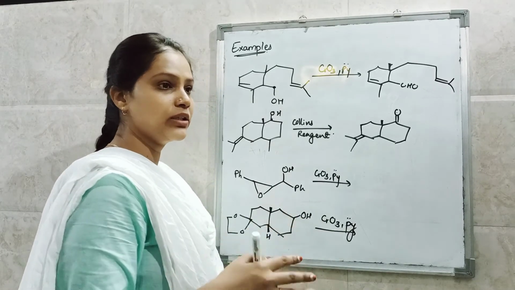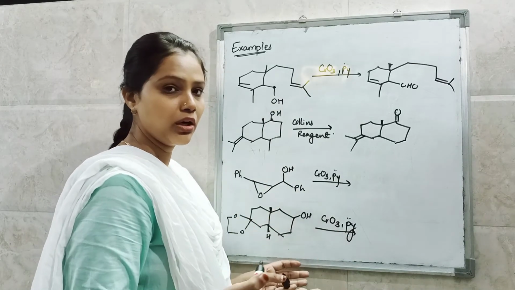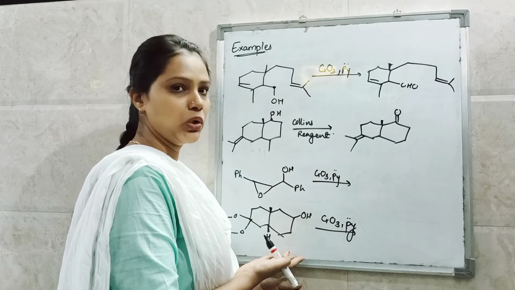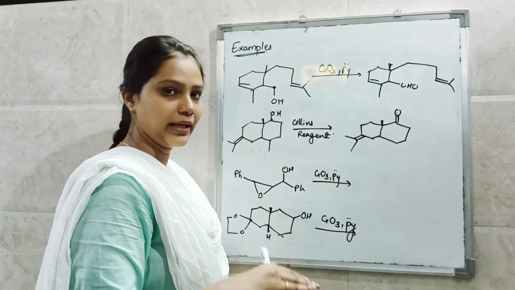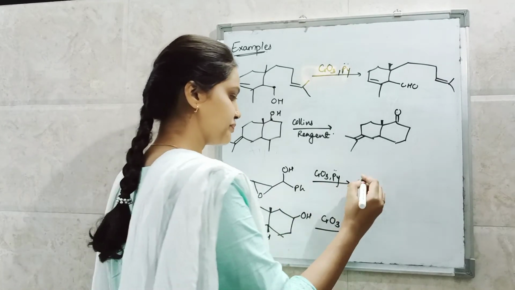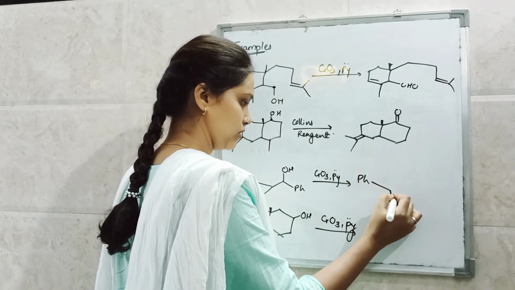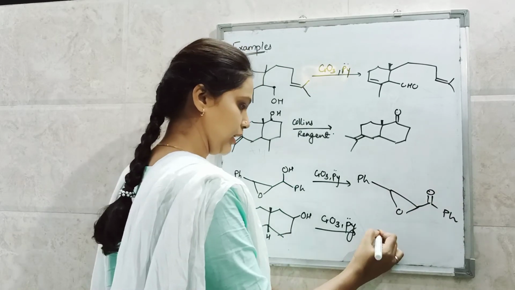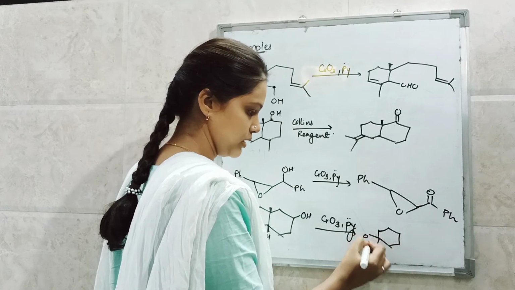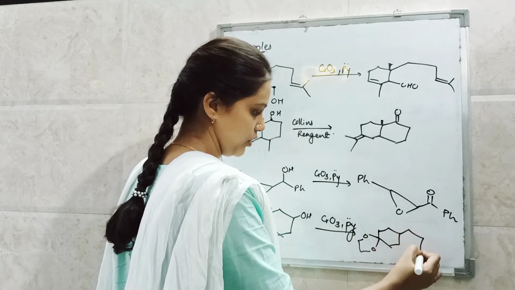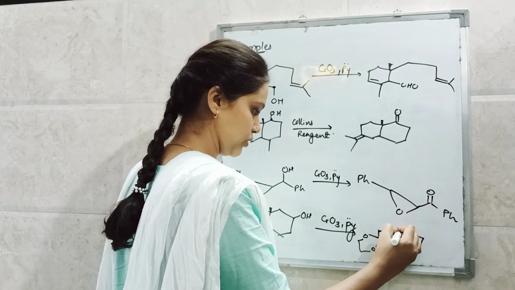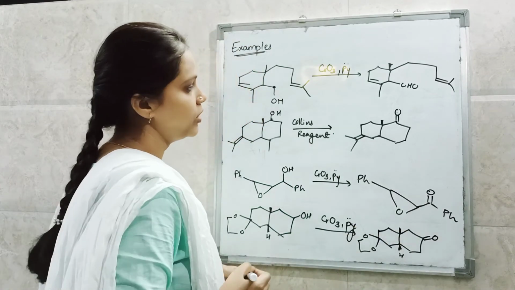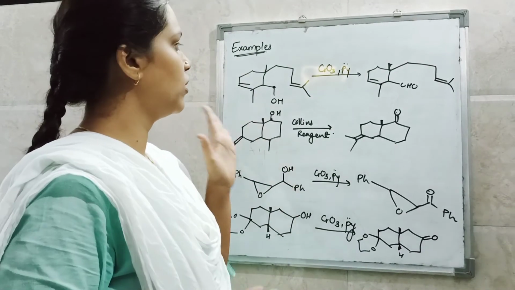So this example cannot be oxidized by using Jones reagent, but it can be oxidized by using Collins reagent, because Collins reagent is neither basic nor acidic. This will be oxidized, and the other group is unaffected. As secondary alcohol is oxidized to ketone, here also a secondary alcohol is there, so it will oxidize to ketone. So these are the advantages and examples of Collins reagent.